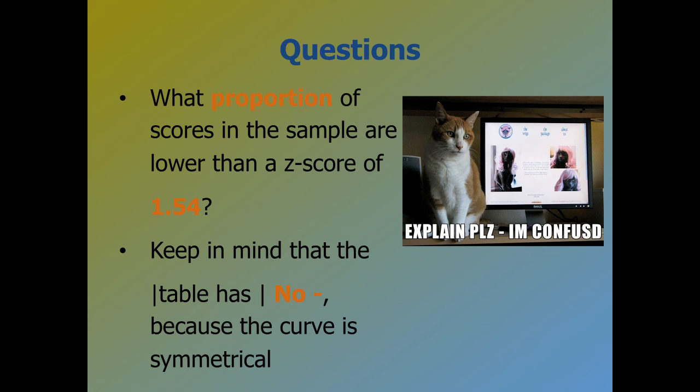Right next to it is going to give you the area underneath the curve that is between the mean and a score of 1.54. All right, always keep in mind that that z-table that I'm giving you has no negative. There are other tables out there that have negative signs, but you read them differently. That's why I want you to stick with this one here, because I'm not going to teach you how to read the other tables.